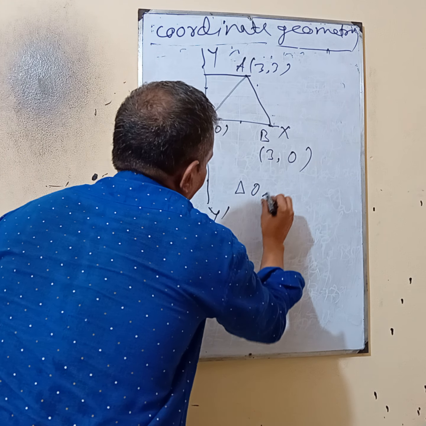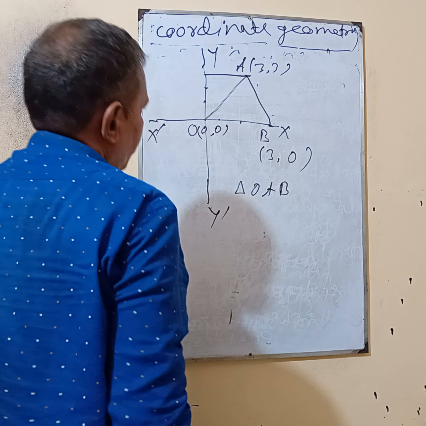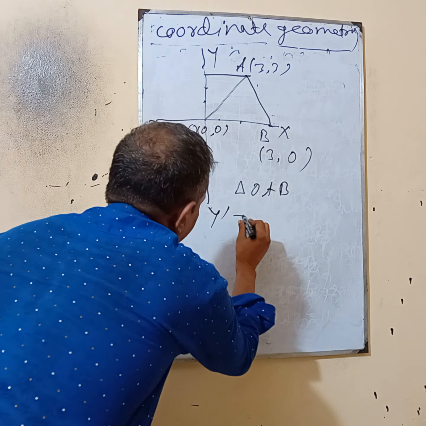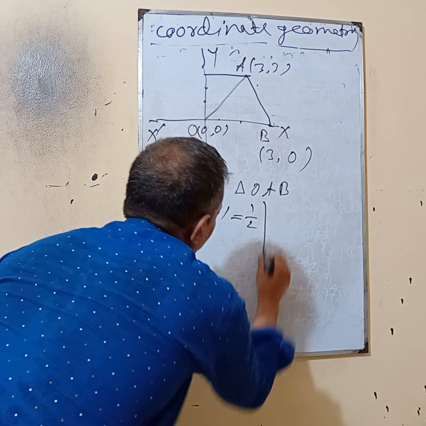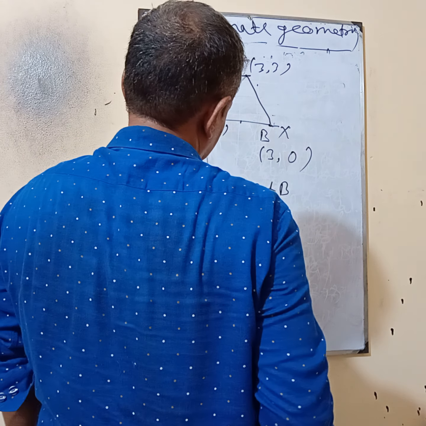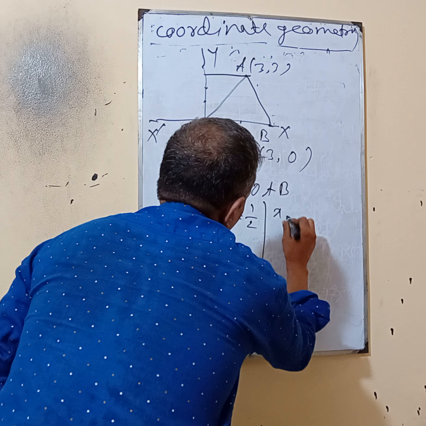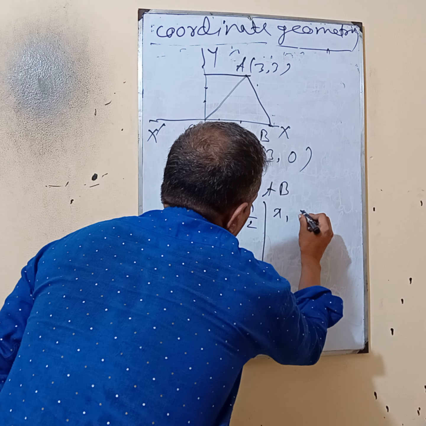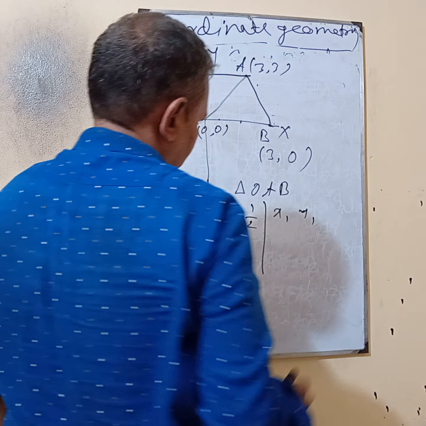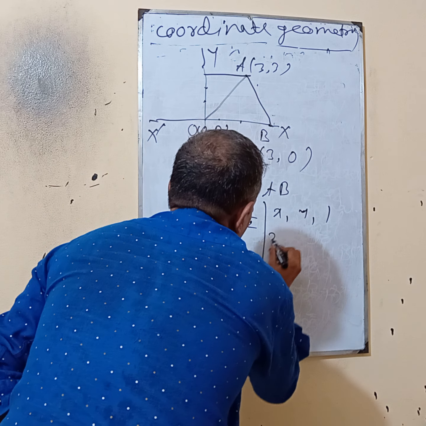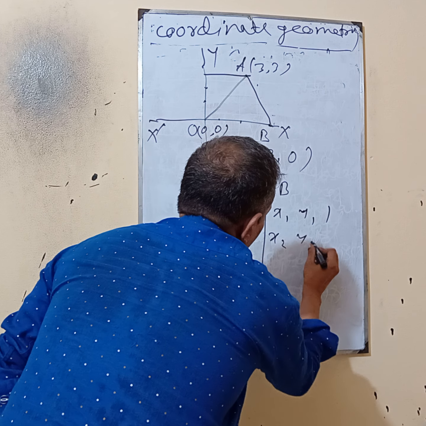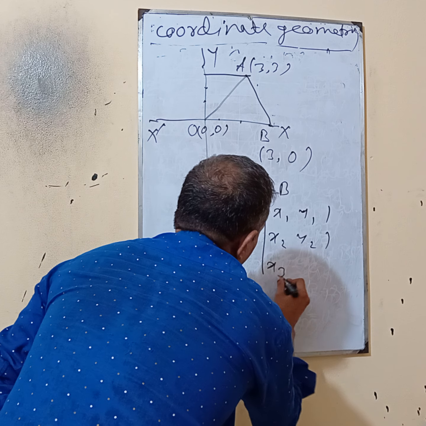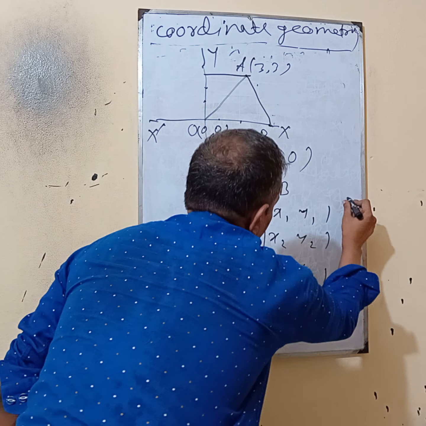Triangle OAB. What? The area of triangle OAB is half of the determinant with rows x1, y1, 1; x2, y2, 1; x3, y3, 1.